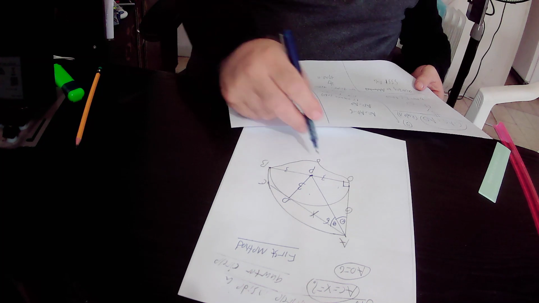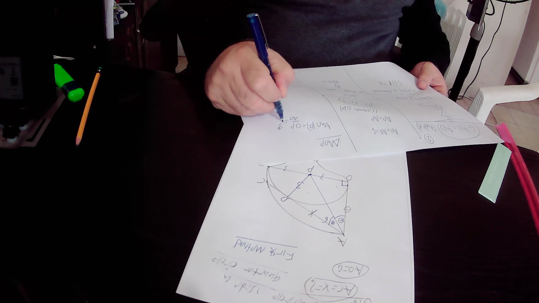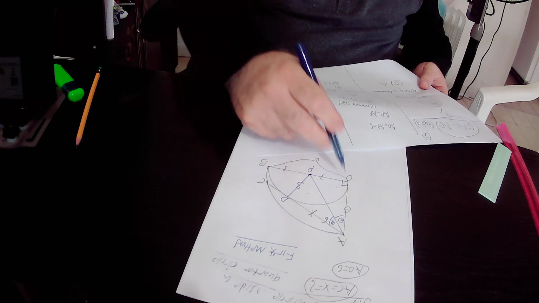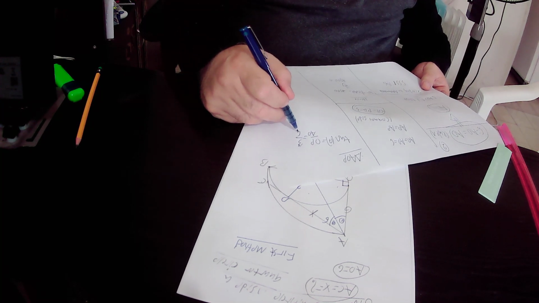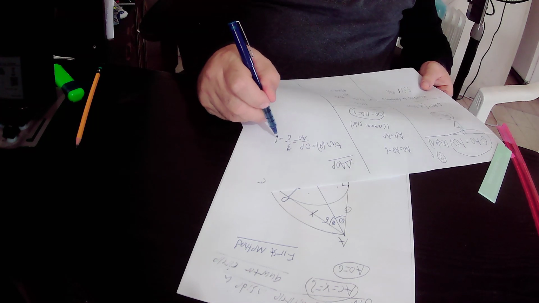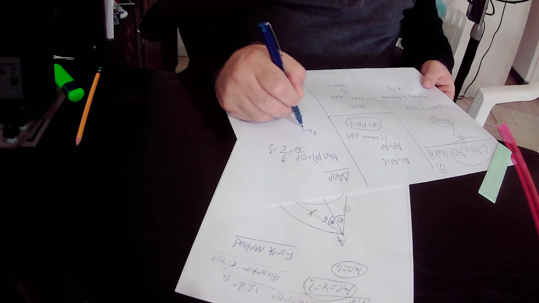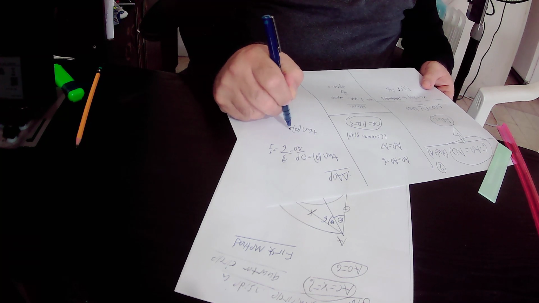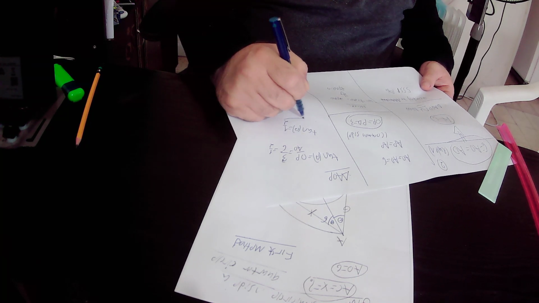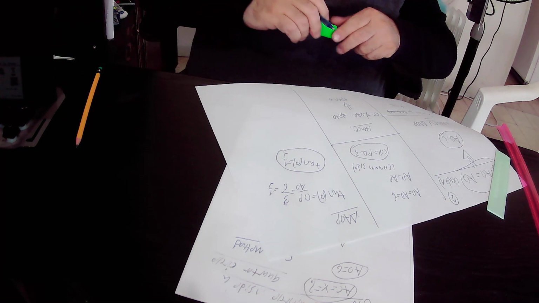OP equals 3 units. And AO equals 6 units. So in conclusion, tangent theta equals 3 over 6, that is 1 over 2. Tangent theta equals 1 half.